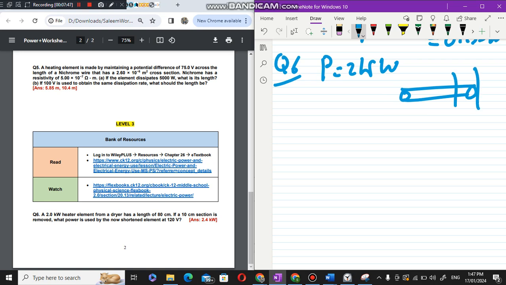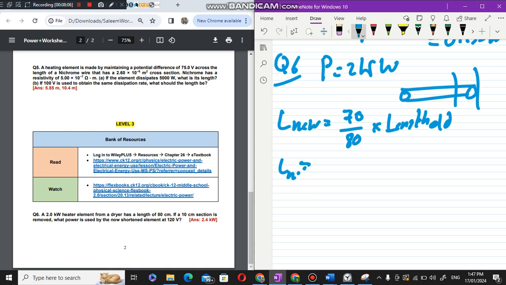So the remaining length now is 70 centimeters. So we say that length new is equal to 70 over 80 multiplied by length old. Because length new is less than length old, L new is equal to 7 over 8 times L old.